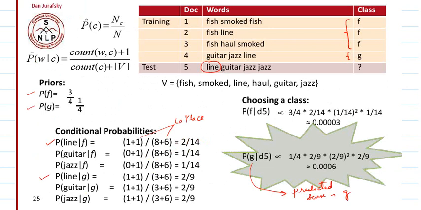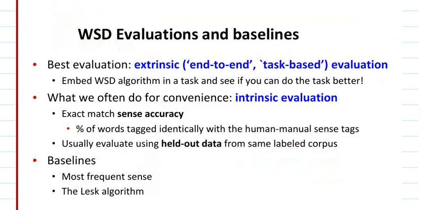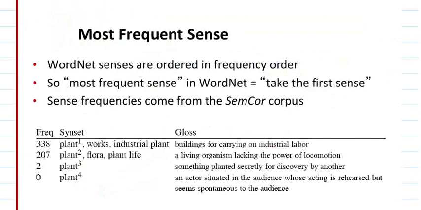But there is another approach in which we can use WordNet and the information available in WordNet in order to predict the correct sense of an ambiguous word, right? We can use an algorithm called the Lesk algorithm.